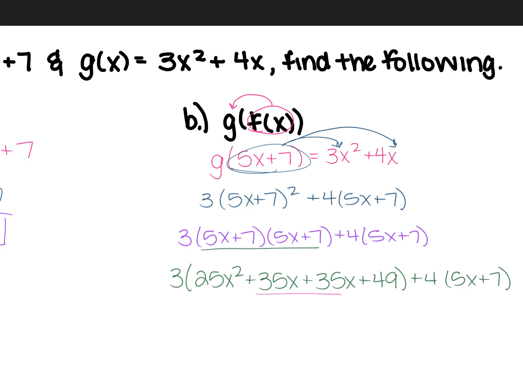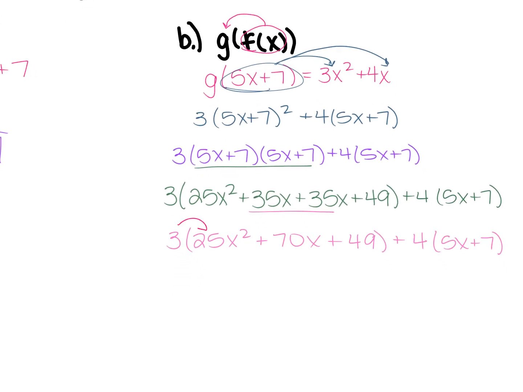Inside that first set of parentheses, combine your like terms. So you're going to have 3 times (25x squared plus 70x plus 49) plus 4 times (5x plus 7). From here, distribute the 3 in, distribute the 4 in.